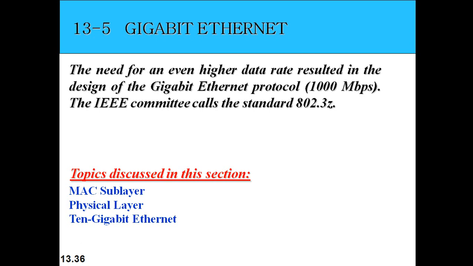The next one, we have gigabit Ethernet. We need some sort of a higher data rate here. The need for a higher data rate resulted in the design of the gigabit Ethernet protocol. That is 1000 Mbps, that is 1 Gbps, we can say that.